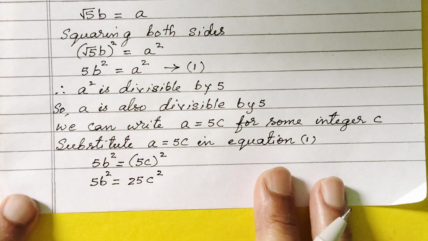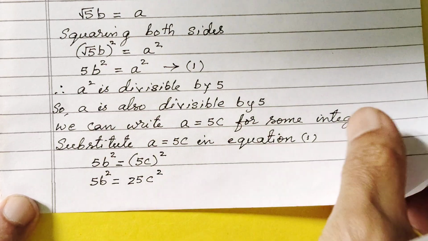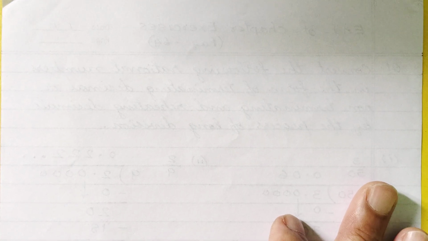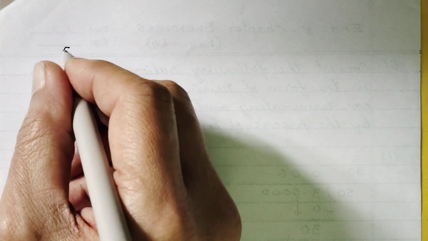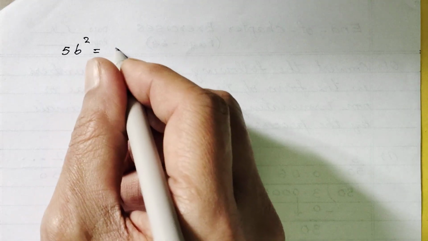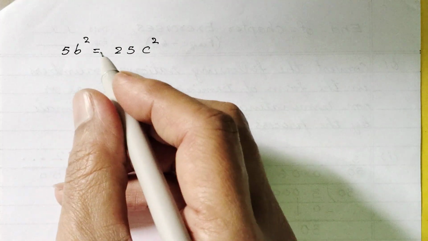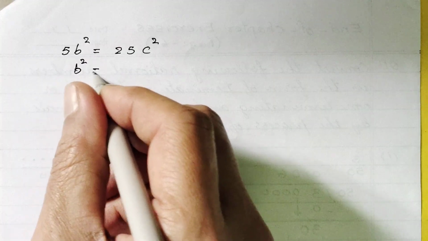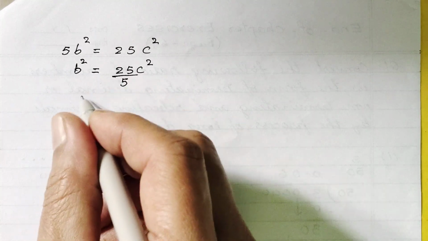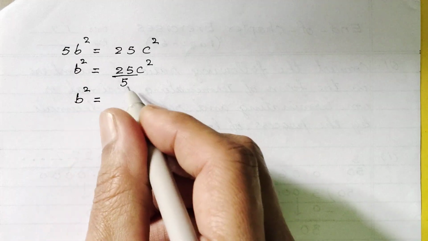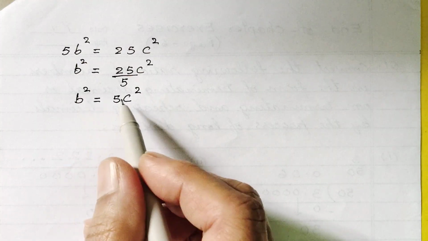So 5 b square is equal to 25c square. Now b square will be equal to 25c square by 5. 5 can divide, so b square is equal to 5c square.